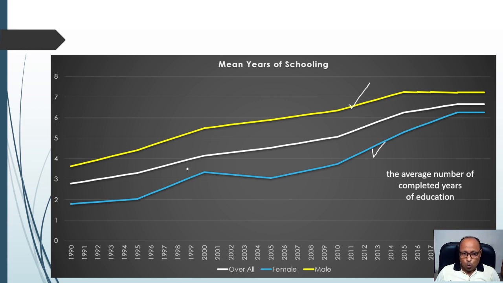And after 2000, the gap was widening, but the recent picture says after around 15, the gap has again started reducing. So the gap between average years of schooling of female and male is getting into convergence mode. That's where the difference comes in.